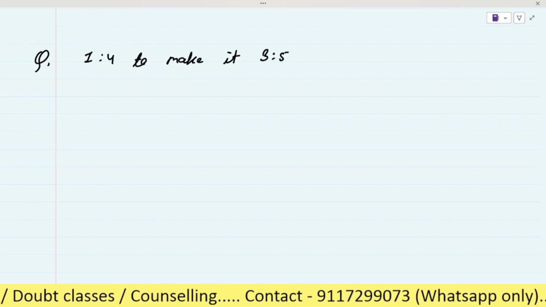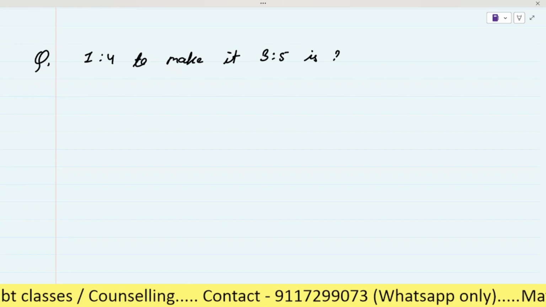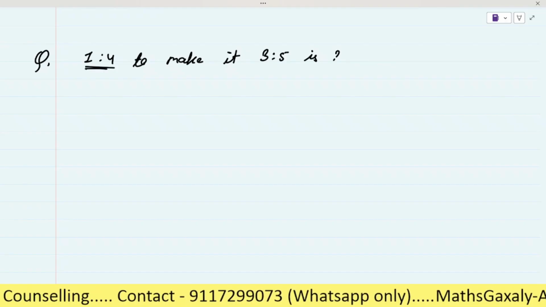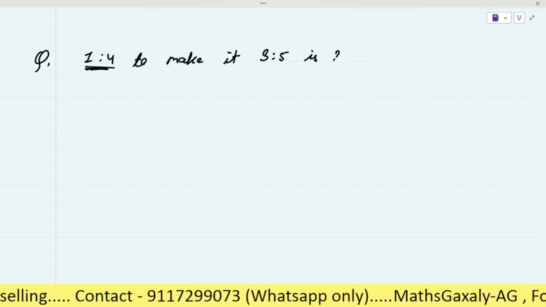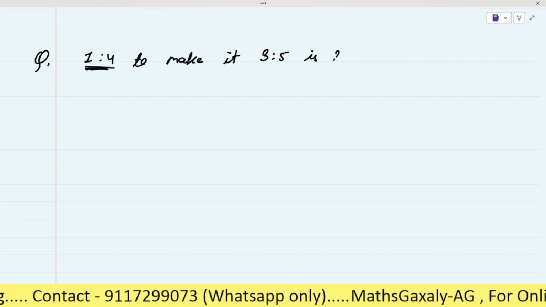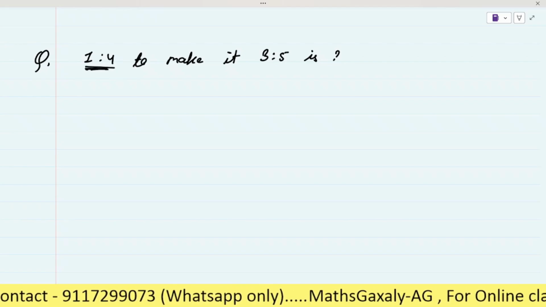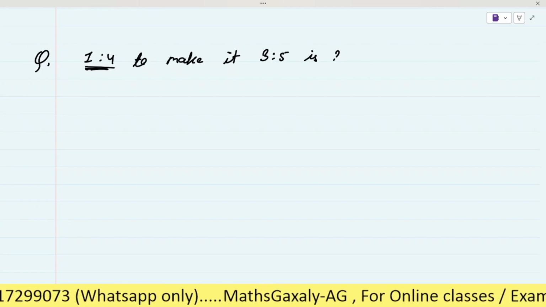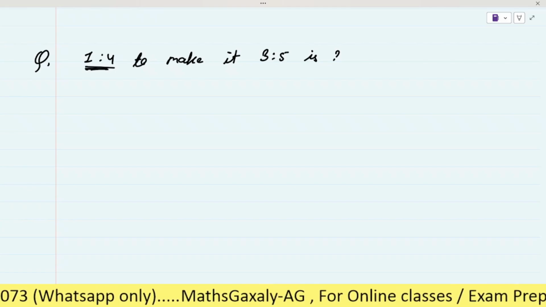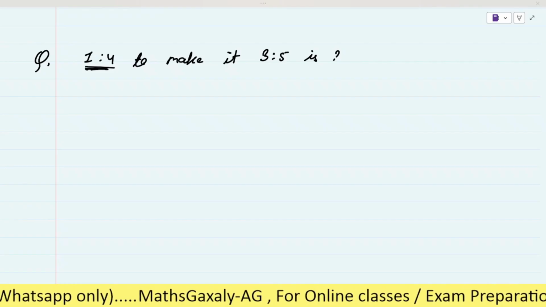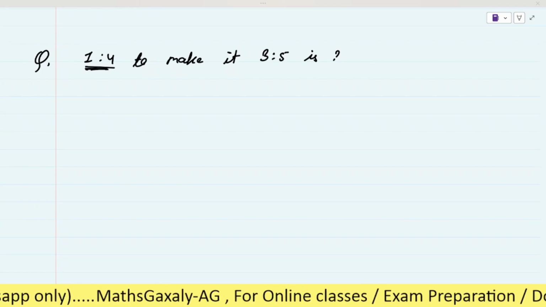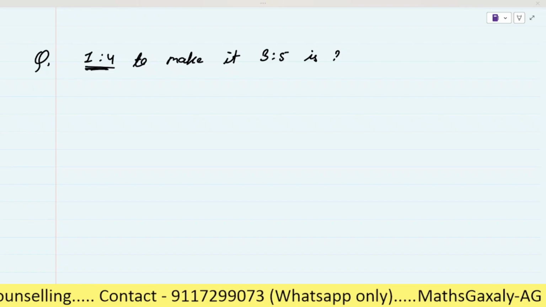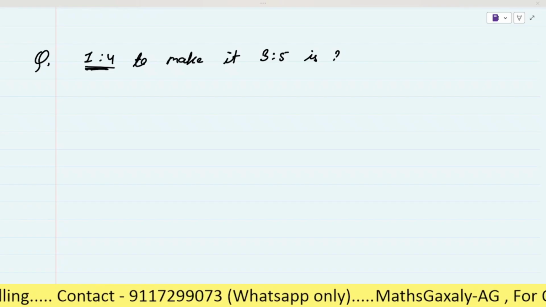The least number that must be added to each term of the ratio 1 is to 4 to make it 3 is to 5. Here we have to find the least number that must be added to each term of the ratio 1 is to 4 so that this ratio will become 3 is to 5. Just try it by yourself first.